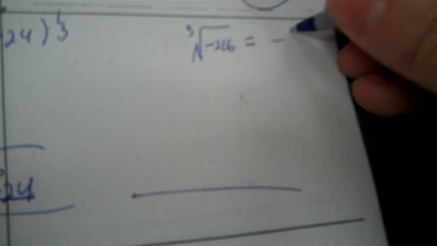Now I come up here and find what the cubed root of negative 216 could be. I'm going to punch it in the calculator first. If it's an integer, great. If it's not, you're going to have to use your sheet to simplify it. So it's negative 6. That's the answer, negative 6.